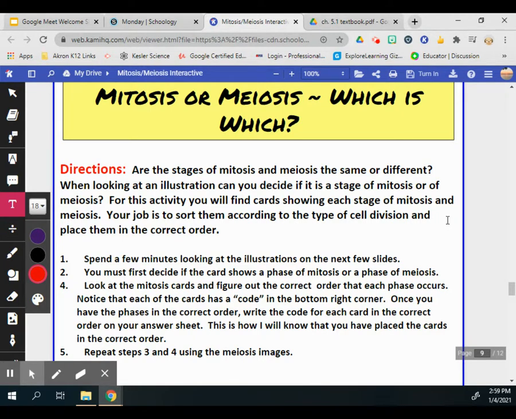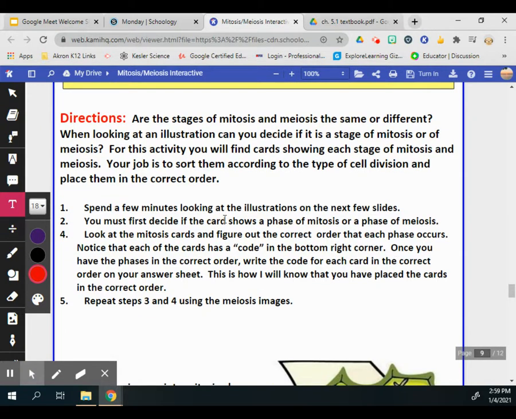For this activity, you'll find cards on the next couple pages showing each stage of mitosis and meiosis. Originally you were going to sort them on a tabletop, but here you're just going to look at them and sort them in your mind. So you're going to spend a few minutes looking at the illustrations on the next few slides. Then you have to decide if the cards show a phase of mitosis or meiosis.